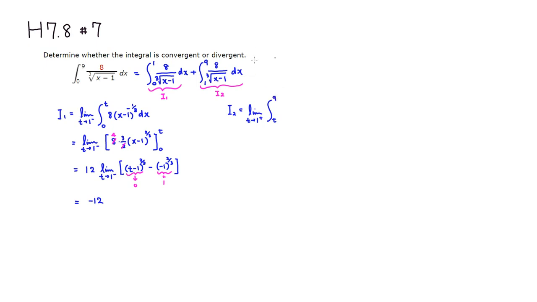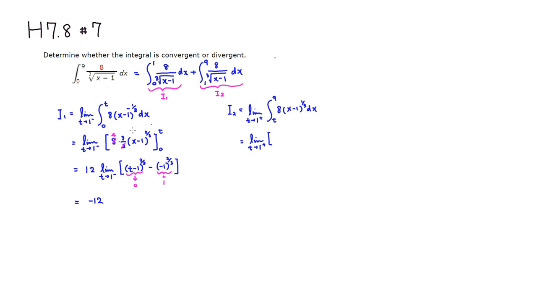Then you have exactly the same thing, so the antiderivative is exactly the same. I'm going to copy that. So we're just copying what we did before, with t going to 1 from the positive side in this case.